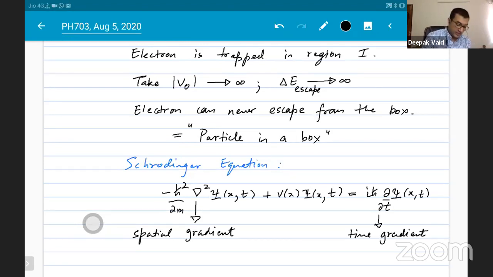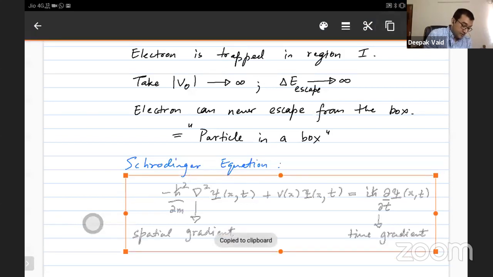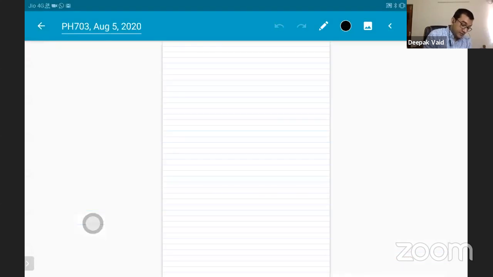So what are these various terms now? So let me copy this to the next page.